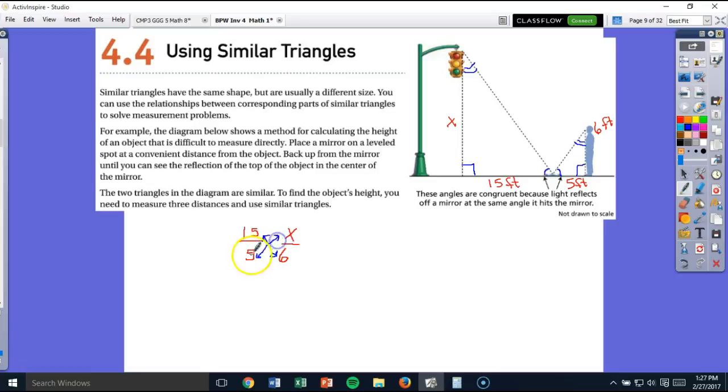If we do that, we're going to wind up with 5x equals 15 times 6, which is 90. So 5x equals 90.